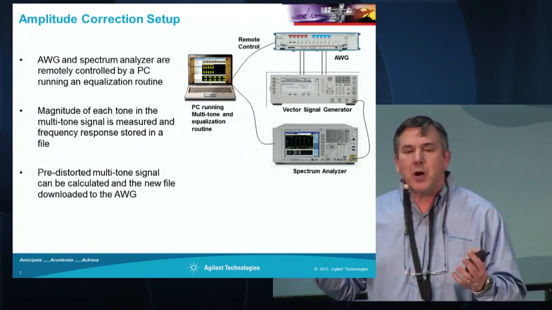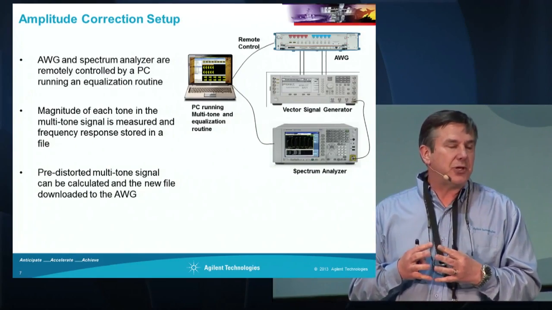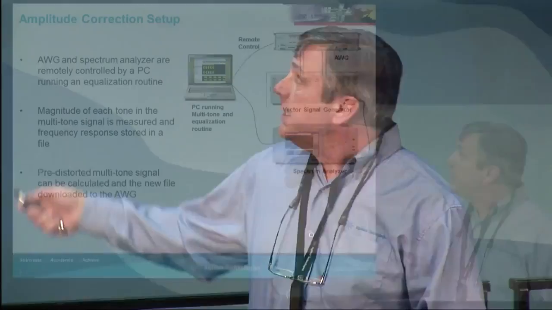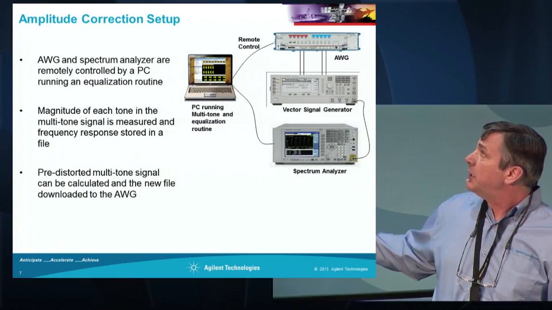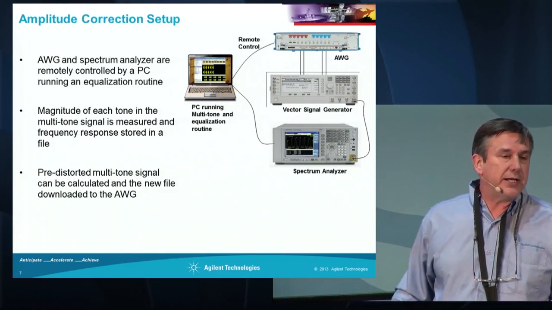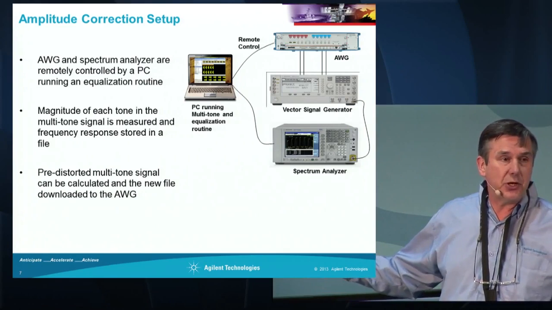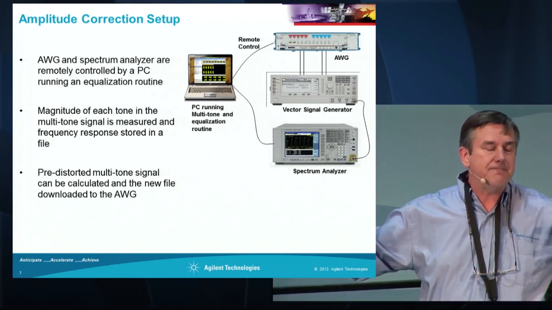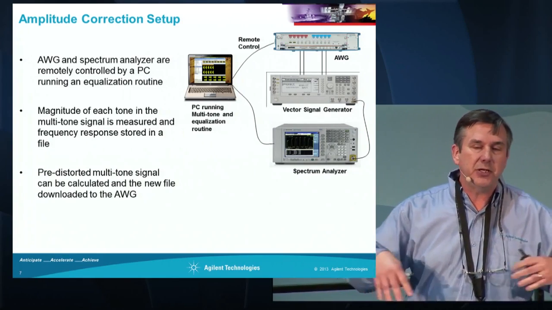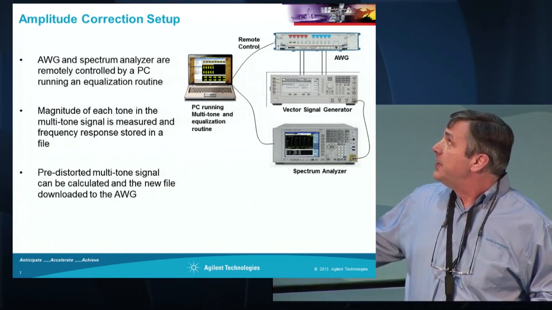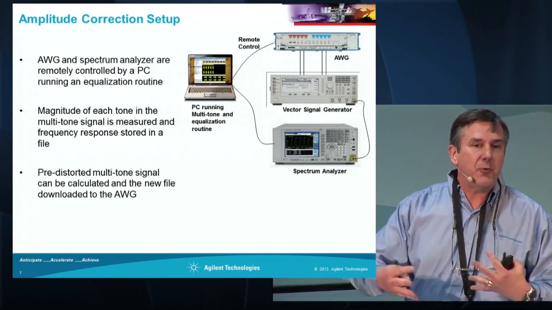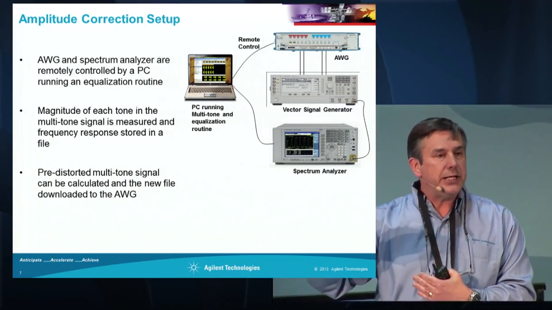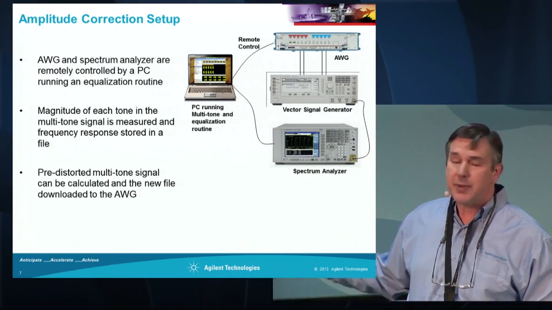Now, we may want to do some amplitude and phase corrections on our waveforms. And the classic way that we do that with signal generators is to take the waveform, play it, and measure it with a signal analyzer of some sort, could even be an oscilloscope, perhaps with a number of tones for a multi-tone signal, measure the flatness, and then pre-distort that waveform file, download it again into the arbitrary waveform generator and play it back.